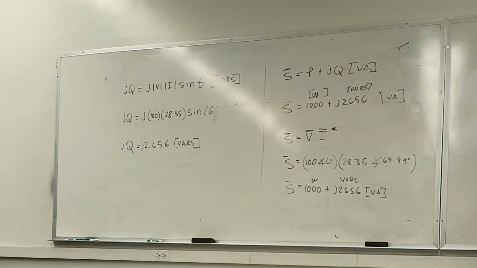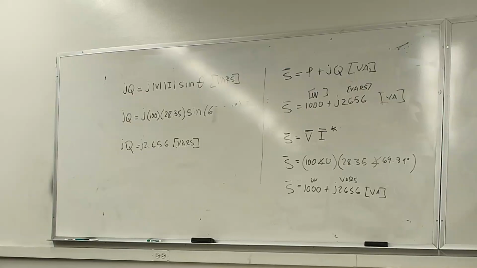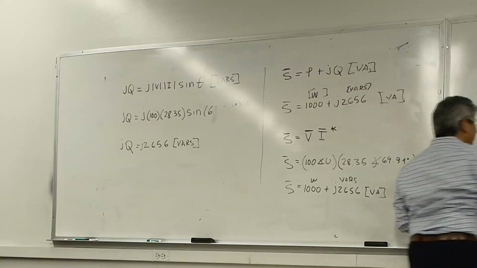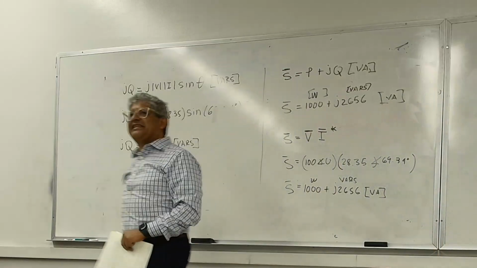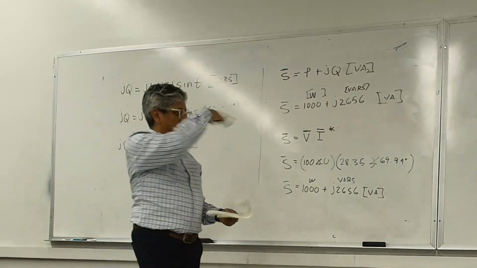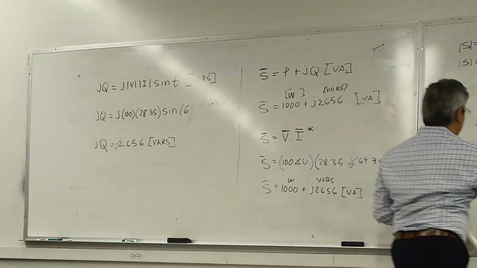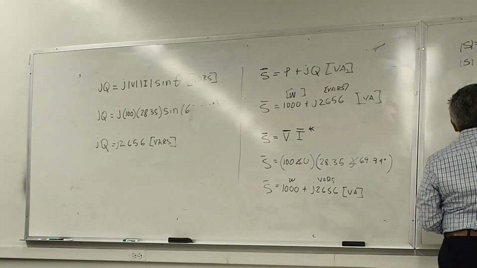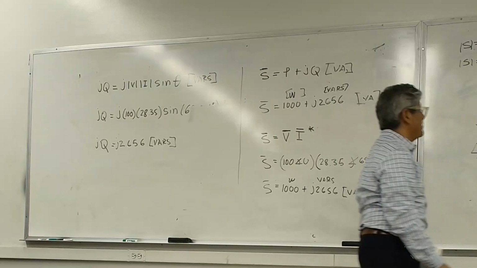So this magnitude is equal to 2835 volt-amperes. What is this angle, everybody? 69.34. Oh, okay, here's my power triangle.